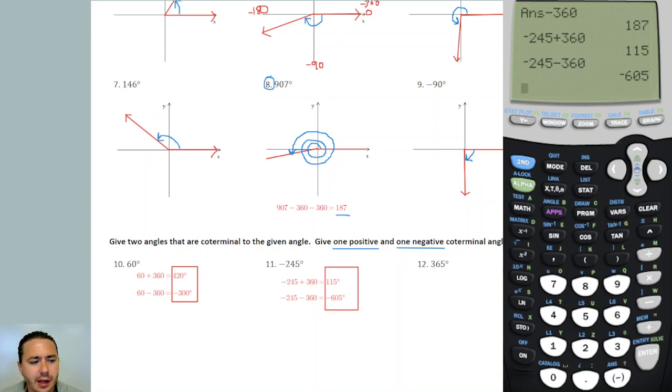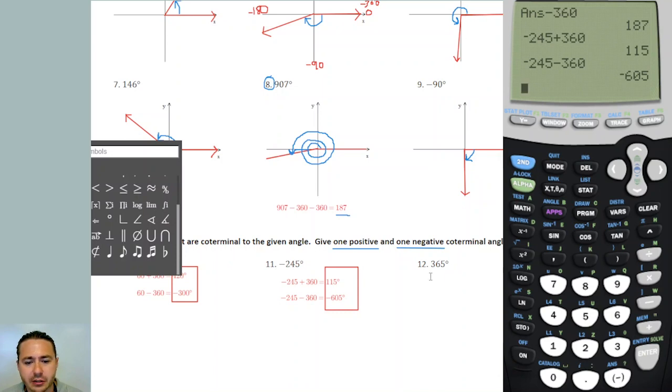Number 12, we could add 360 here, but we could also subtract 360 to get a positive. We can go either way. Just to switch it up a little bit, I'm going to start by subtracting 360. The reason I'm doing that on this one is because when I find my negative angle measure, I'm going to have to subtract 360 twice.